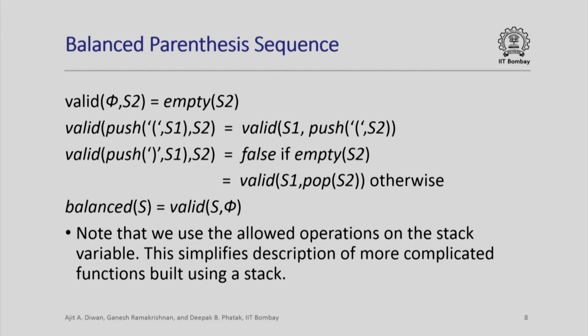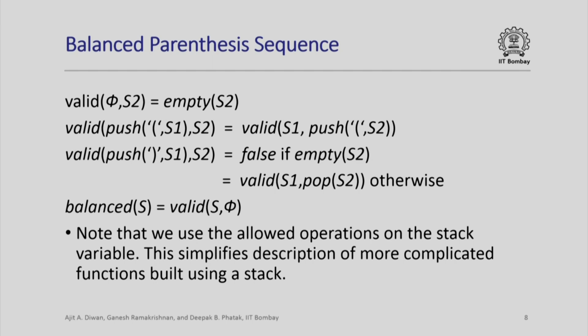Now if S1 has been obtained by pushing a left bracket, so if push left bracket S1 comma S2, then what do we do? We have seen a new left bracket. We push that left bracket into the stack S2 and check whether the remaining sequence S1 is valid. So whenever I get a left parenthesis in my sequence of parentheses, I will push that into the stack S2 and now check whether the remaining sequence S1 is valid, taking into account this new stack obtained by pushing this into S2.